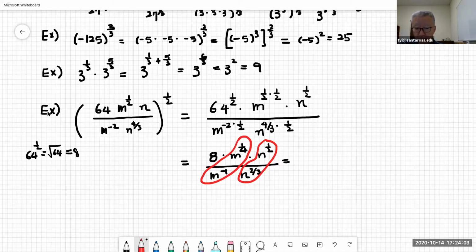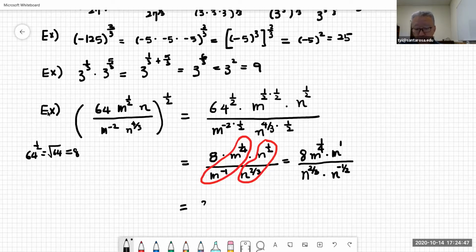So on the first one, you got m to the negative 1 and you got m to the 1/4. Since I have a minus 1 at the bottom, I'm going to bring that up to the top. So that means I got 8 m to the 1/4 times m to the 1. Now here the n, the 2/3 is going to be bigger than 1/2, so I'm going to bring the 1/2 down. So n to the 2/3 times n to the minus 1/2.